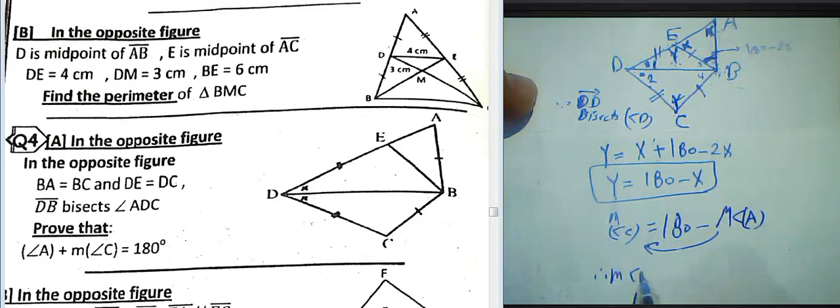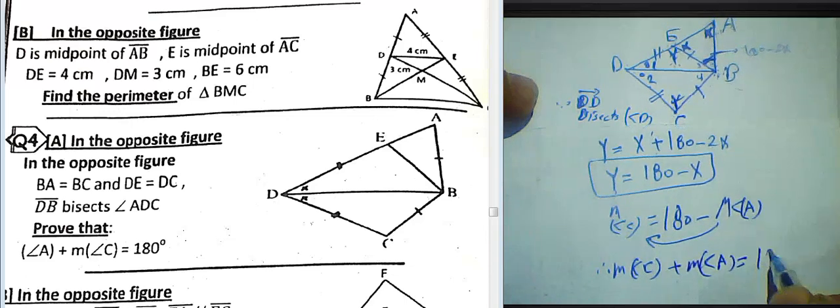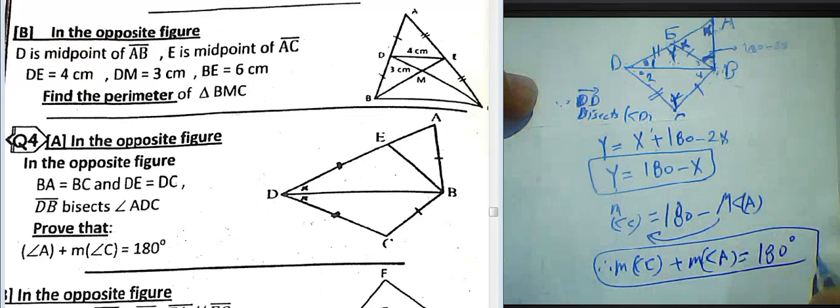Then we can prove that the measure of angle C plus the measure of angle A equals 180 degrees.